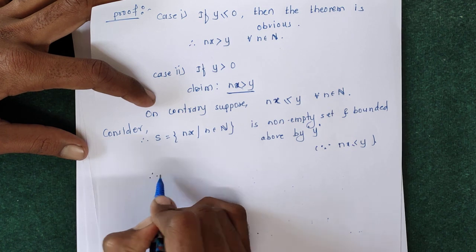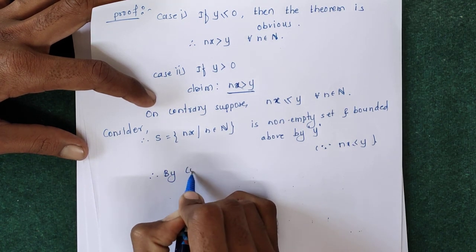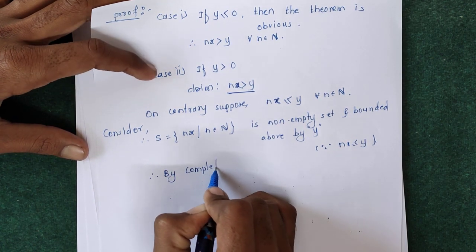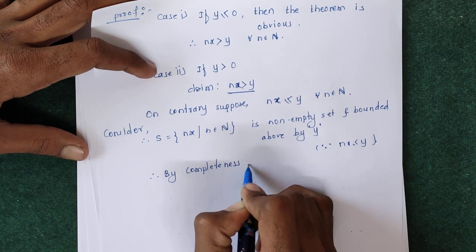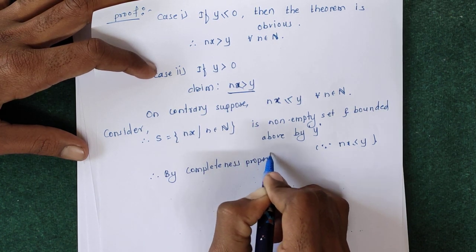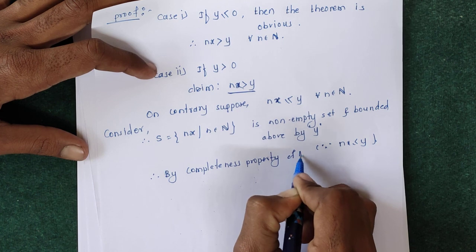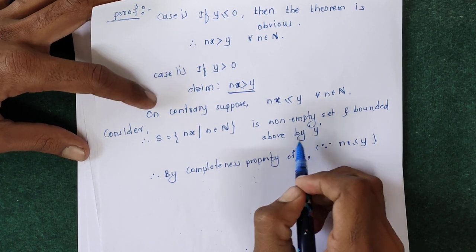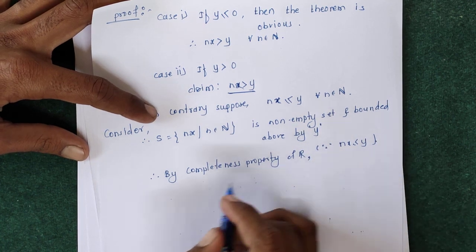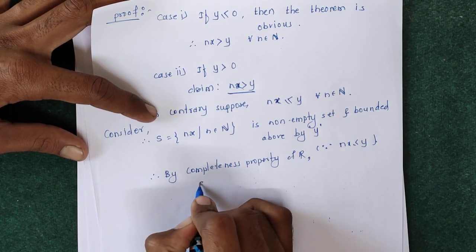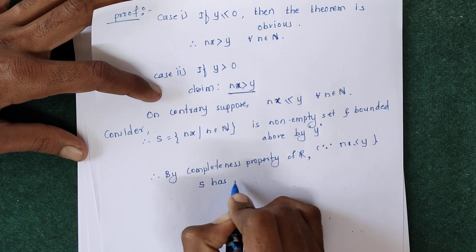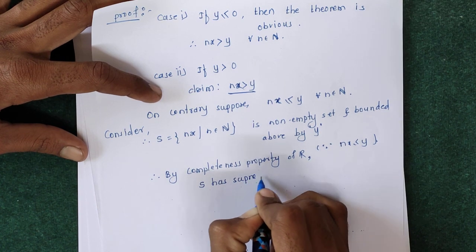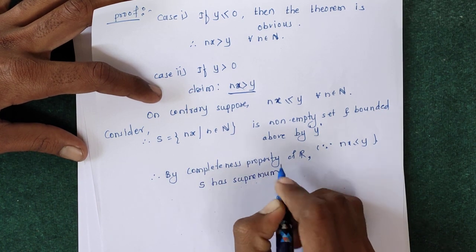Therefore, by the completeness property of R, which says that every non-empty subset of R which is bounded above has a supremum, this set S has a supremum.